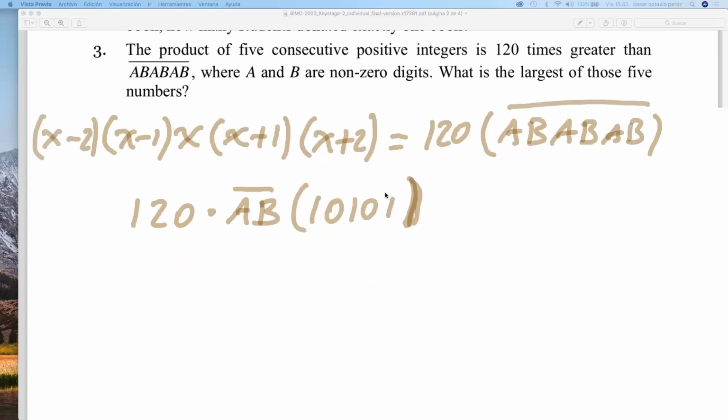If we multiply, this is 2, 3, 4 plus 2 plus 1. Yes, this is right. We have a zero that was not necessary. Okay.